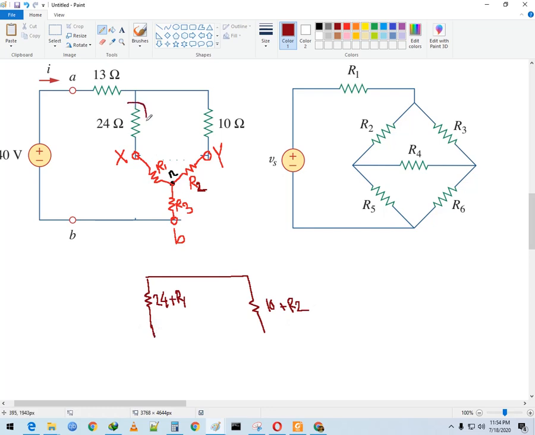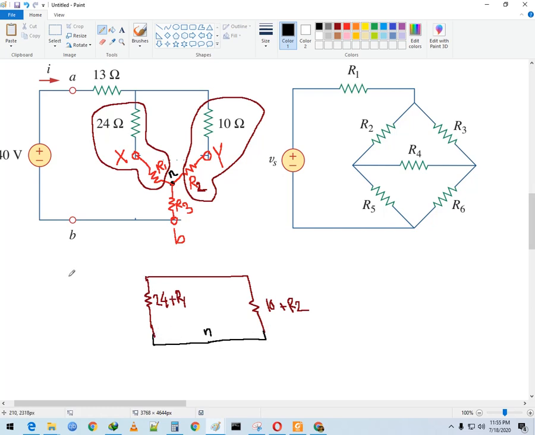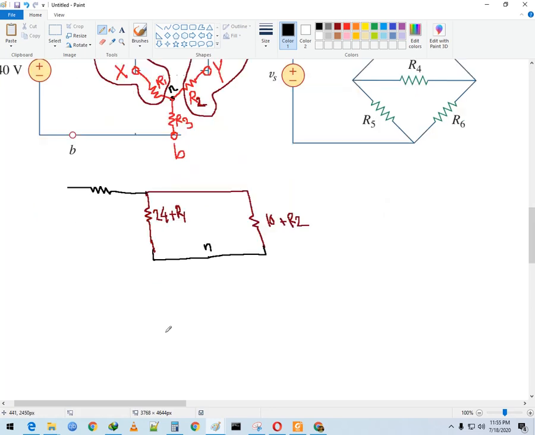Now we have added these two elements together, and these two together. So we have written 24 plus R1 and 10 plus R2. These two elements are connected to a node known as node N. So we write N here. This N is connected to both of these elements, and the rest of the elements of the circuit remain the same as the previous one.